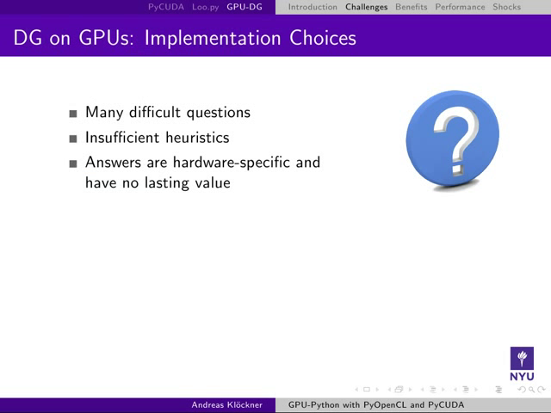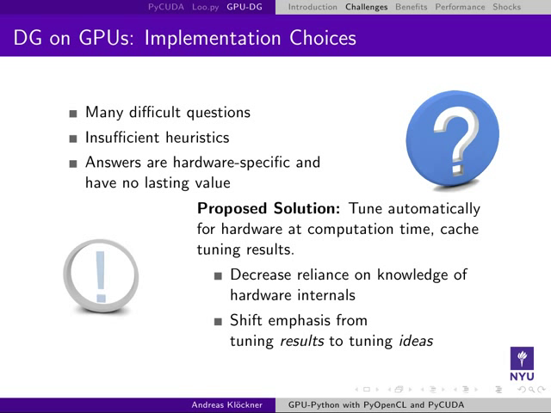In summary, it's a bunch of difficult questions, and if you're an applications person, you also don't care about the answers. You care only insofar as you want a fast code, and you don't have sufficient heuristics, and the answers on top of that don't have very lasting value. So obviously, you tune for them, and you decrease your reliance on what you have to know about hardware values. And I'm glad that Aaron isn't here, I think.